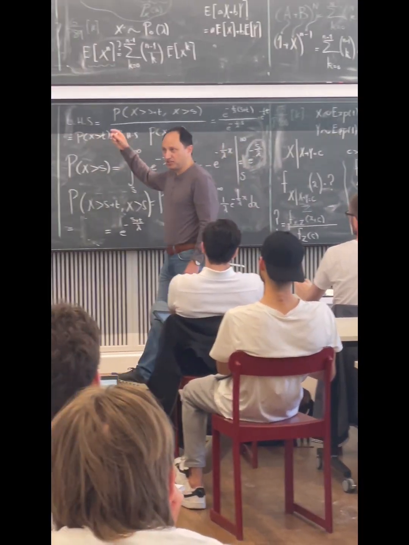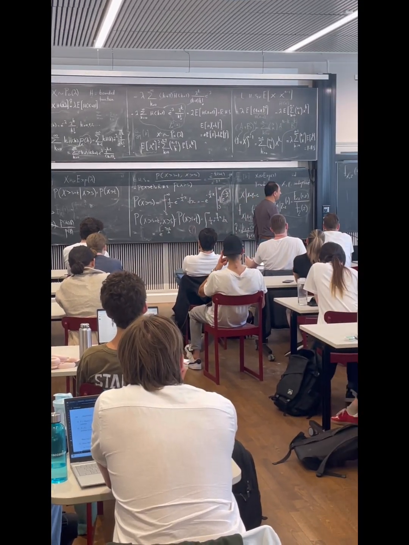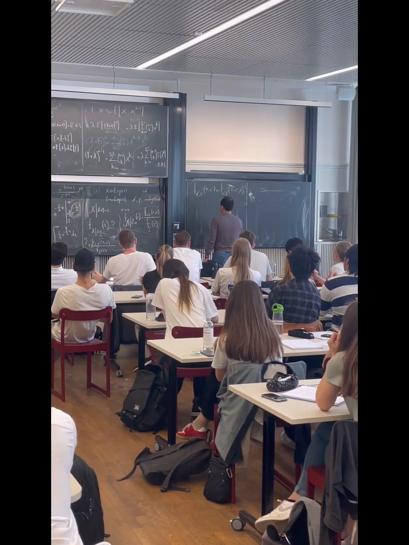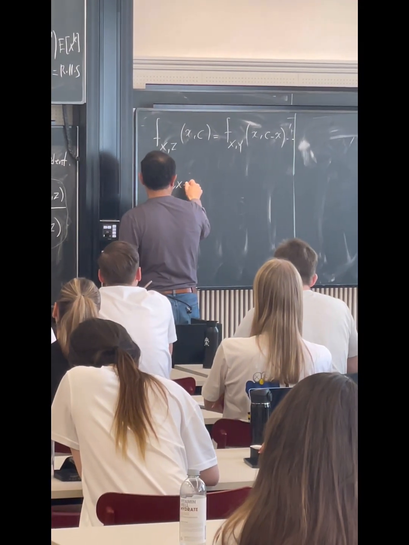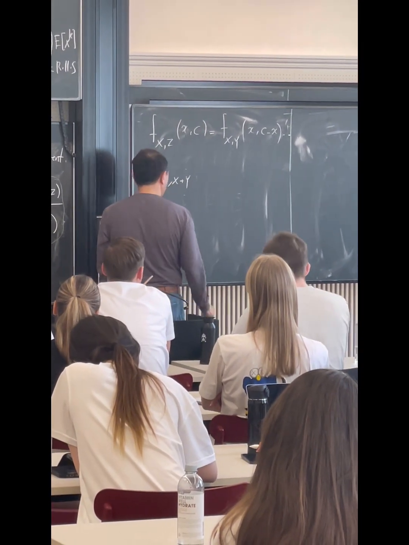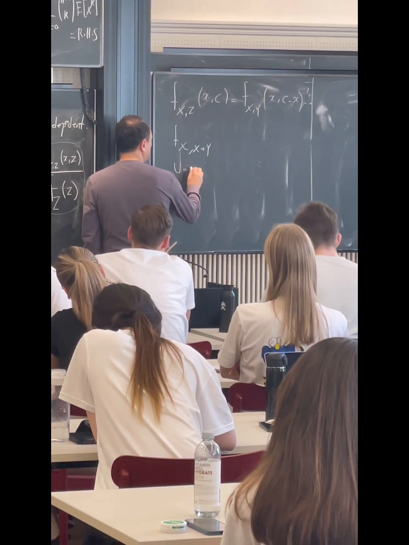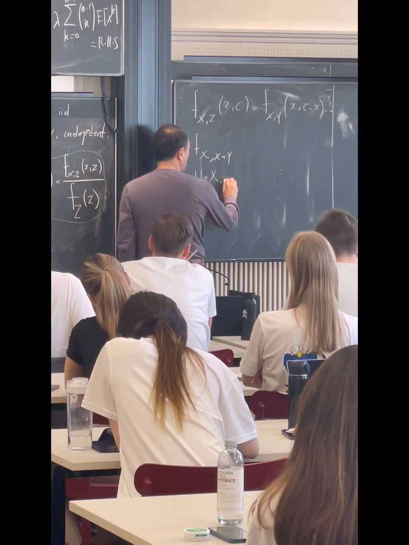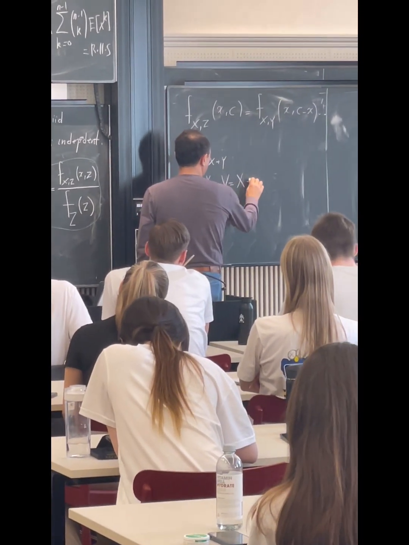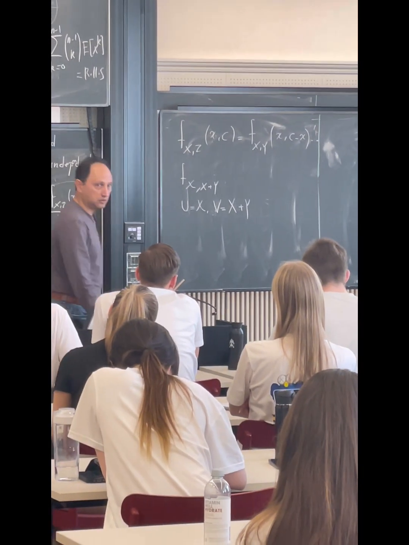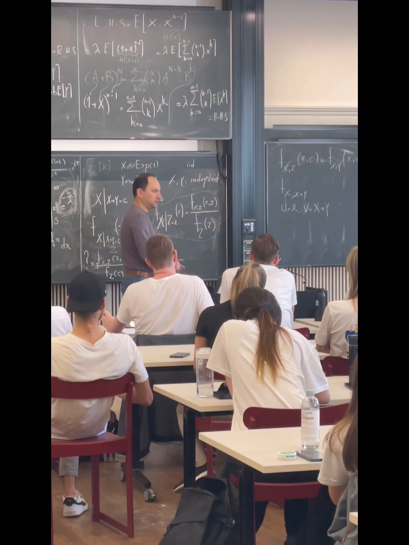That is exactly the lesson I started with. Do you remember? So you want to calculate, you see here I have f of x and x plus y. You remember I told you. So you take u to be your x, and v to be x plus y. Okay? And I want to flip from x and y to u and v.